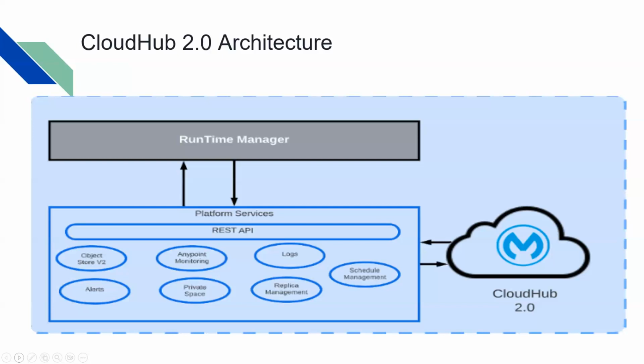All the management is done through these platform services, and they are shared across everybody. These services are exposed through the CloudHub 2.0 REST API. And then there is CloudHub 2.0 itself, the elastic cloud instance of replicas, on top of which we deploy our applications or APIs.